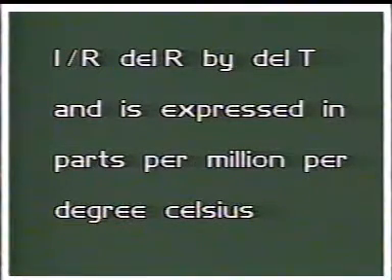Temperature coefficient is defined as 1 by R del R by del T and is expressed in parts per million per degree Celsius. Wattage is also referred to as power rating.